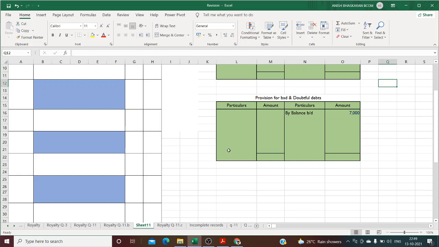New provision should be shown as the closing balance. That is the provision to be maintained. So to balance carried on, the calculation will be like this: new provision.